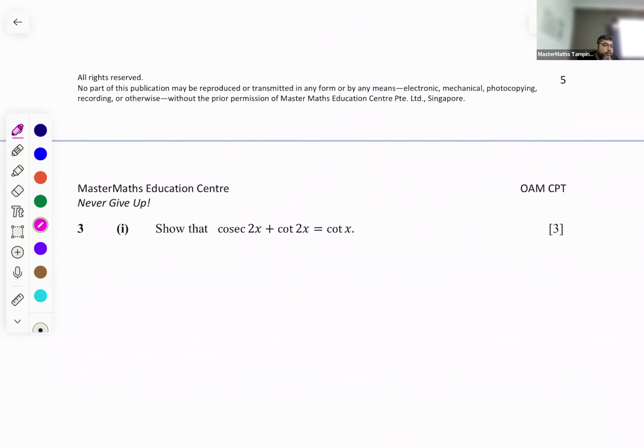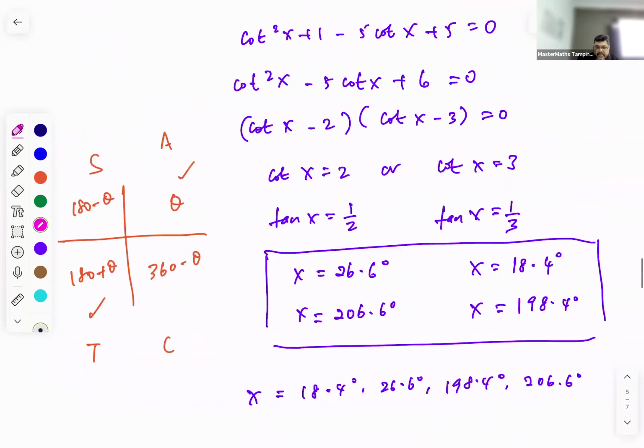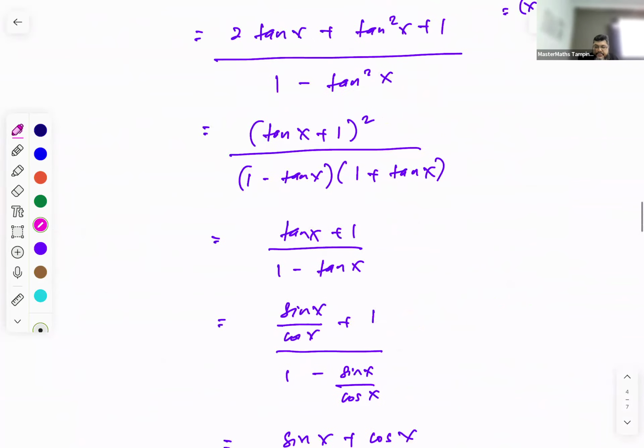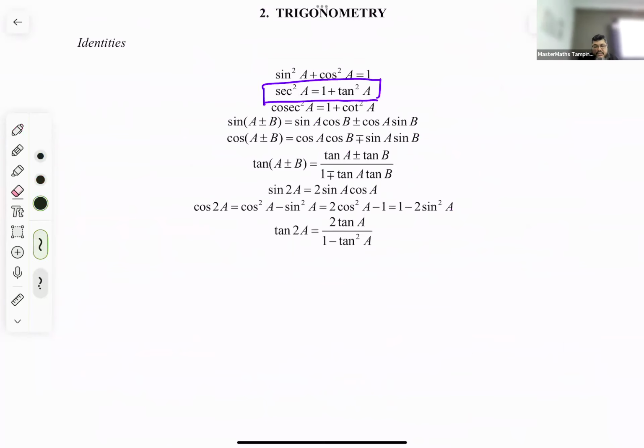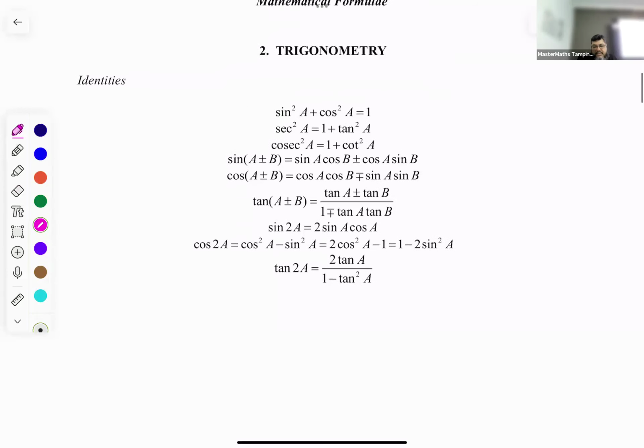Cotangent 2x is 1 over tangent 2x, and tangent 2x is also given, inside the formula sheet. Sine 2x is given. Cosine 2x is given. I think all the important ones are given.